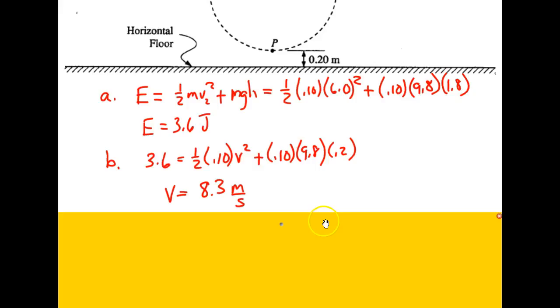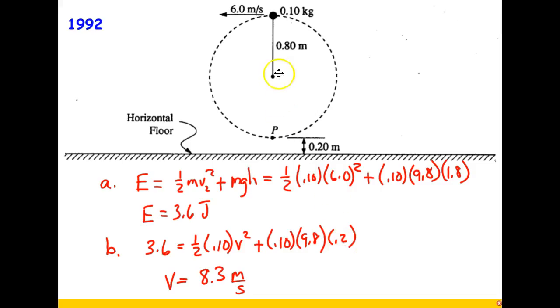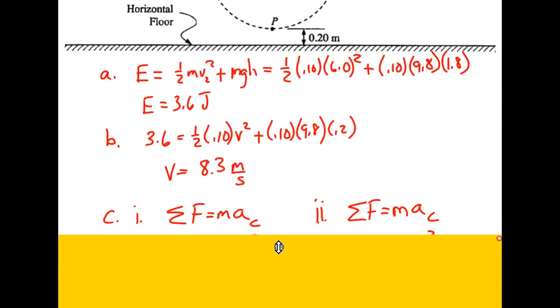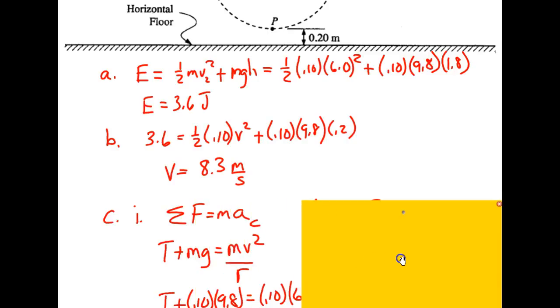C wants the tension in the thread at the top of the circle and the bottom of the circle. At the top of the circle, our forces are going to be the weight down and the tension down. So when we do a sigma F equals ma, yes, the ball is accelerating, we add the forces at the top of the circle.